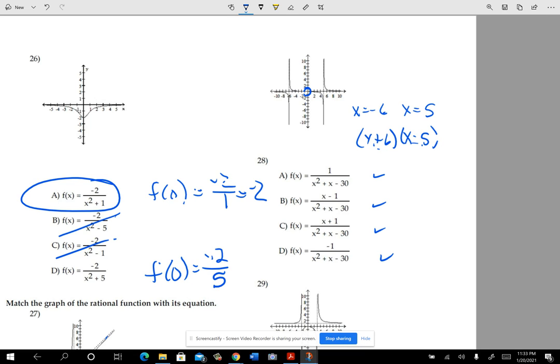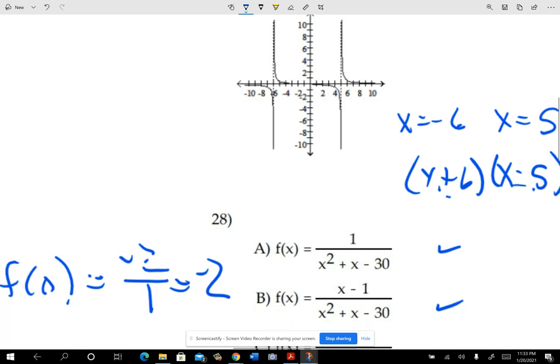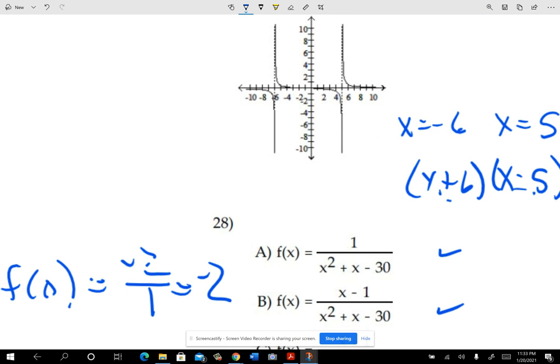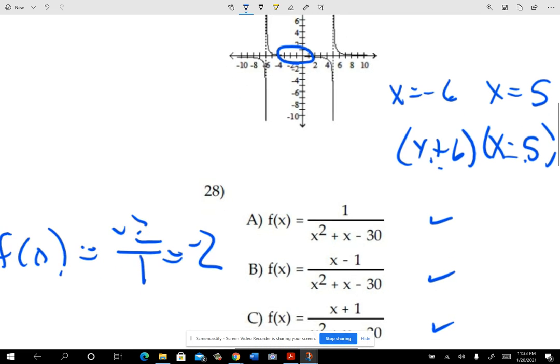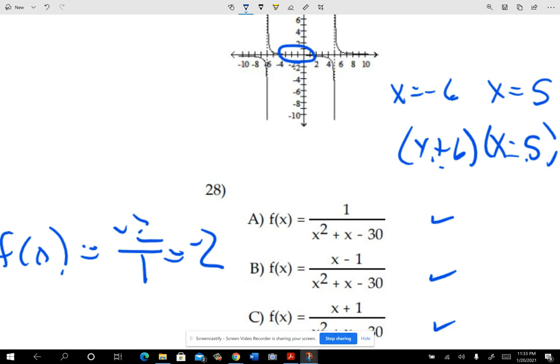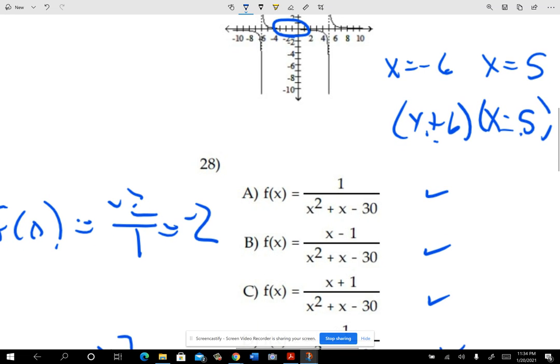Let me stretch that a little bit. I'm not really sure, but it looks like it's crossing somewhere in here. So that means the numerator would have to have a variable so that you could have a value where that equals 0. So it can't be this guy.